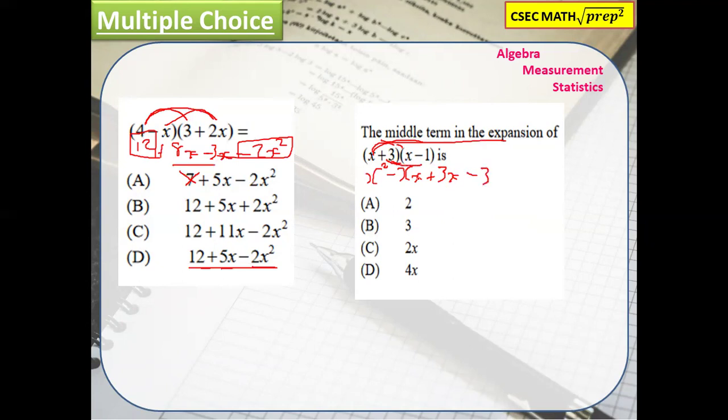So what we have here now is minus x from 3x, that will give us 2x, and that's the middle term in our expression. So the whole thing would be x squared plus 2x minus 3, but they just want the middle term. The same way we had over here 8x minus 3x, and the middle term was 5x.